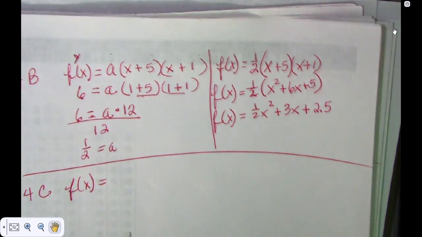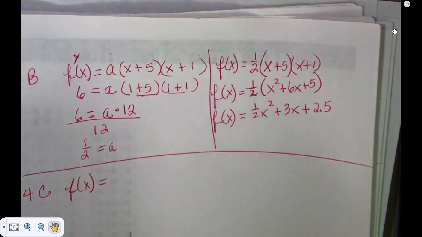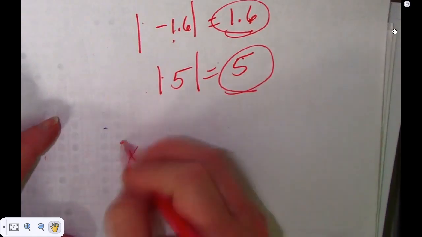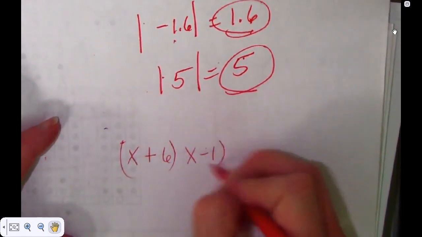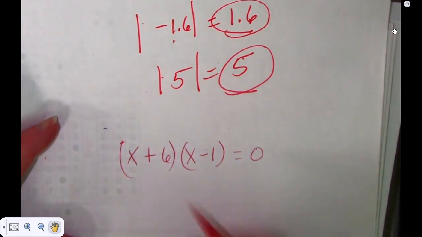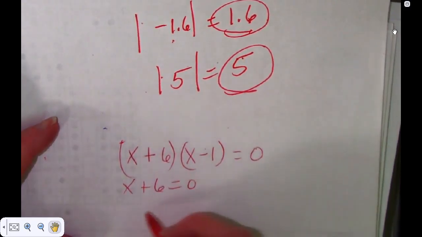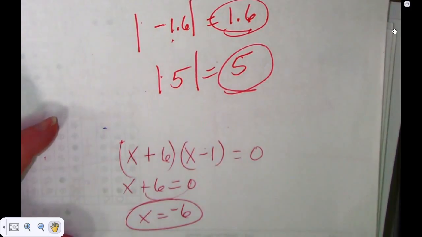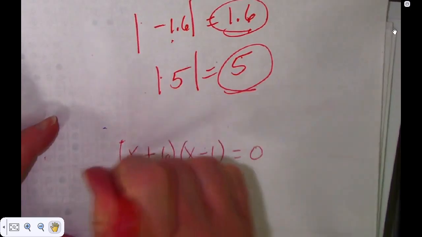Because remember, if it was x plus 6 times x minus 1 equals 0, you'd have to go x plus 6 is 0. And when you solve that, you're going to get x is -6. So if x is -6, when you go backwards, you have to put x plus 6.